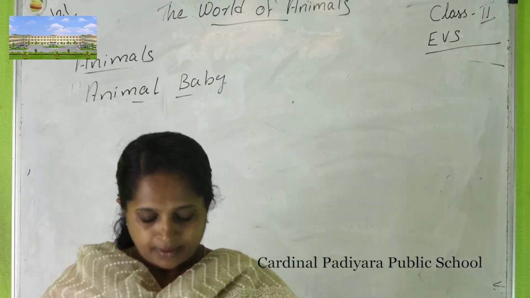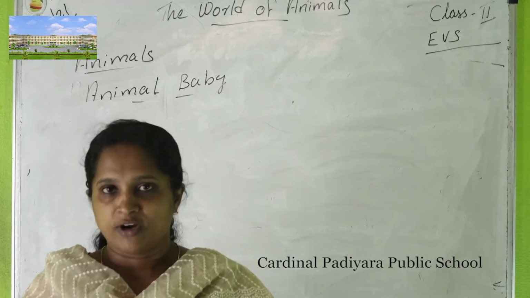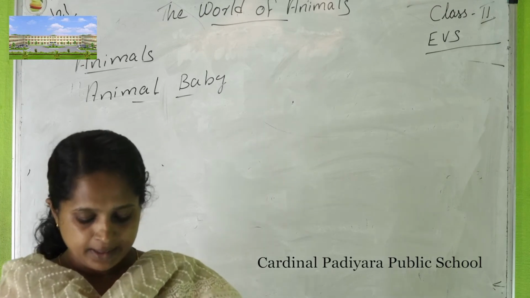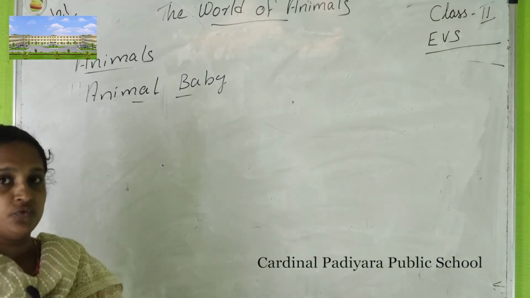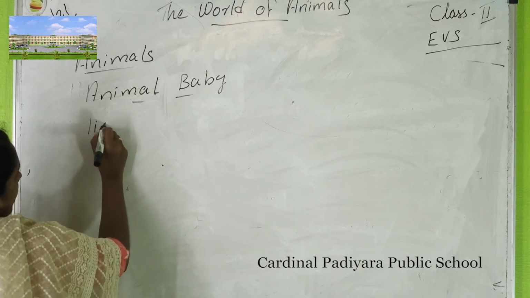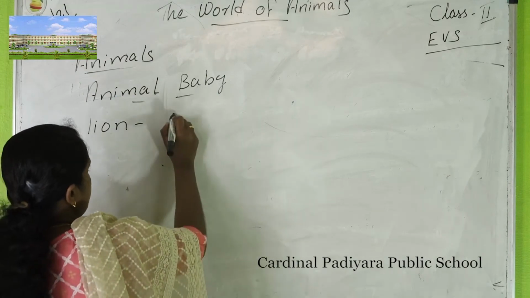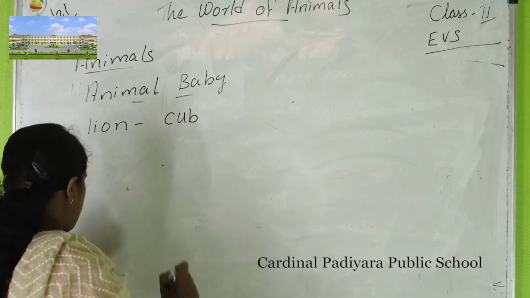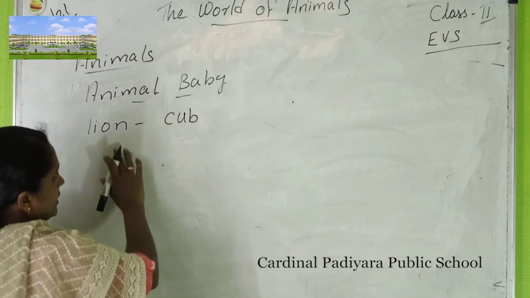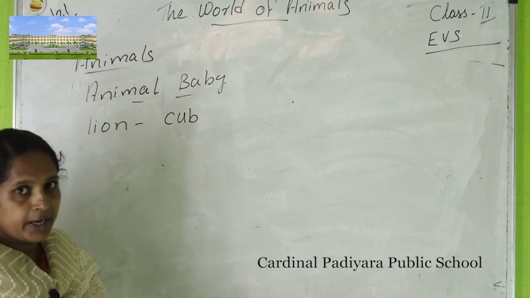Now we are going to learn some animals and their young ones. First one, baby lion. The young one of a lion is called a cub, C-U-B.